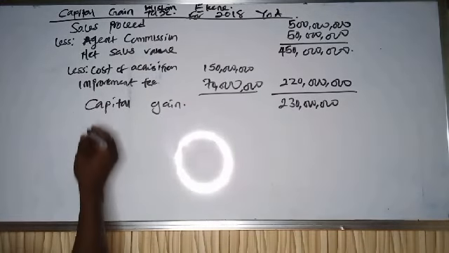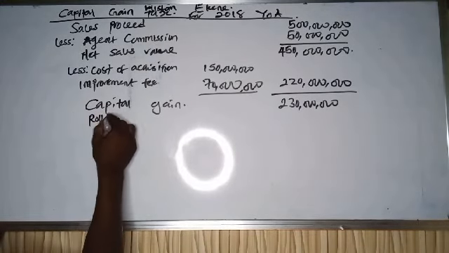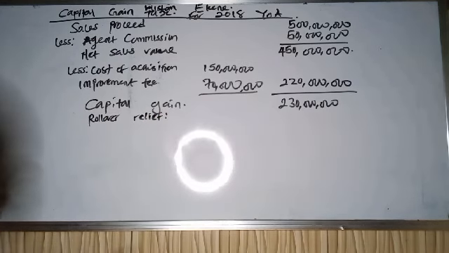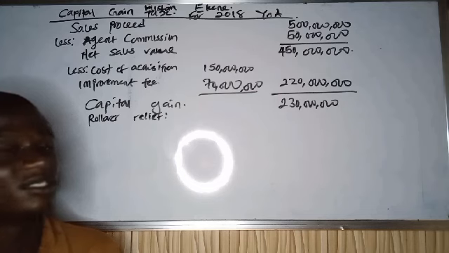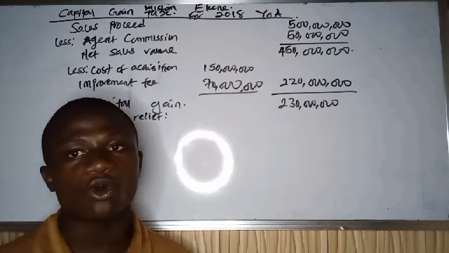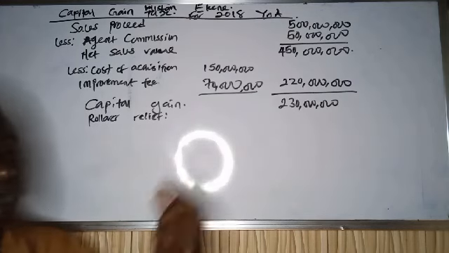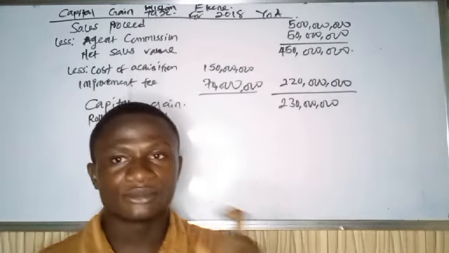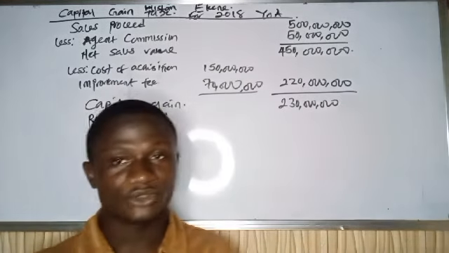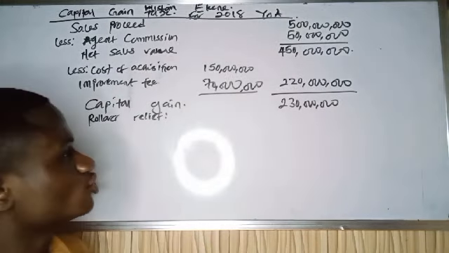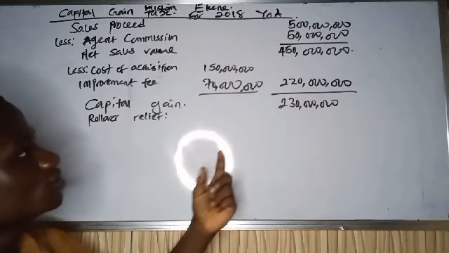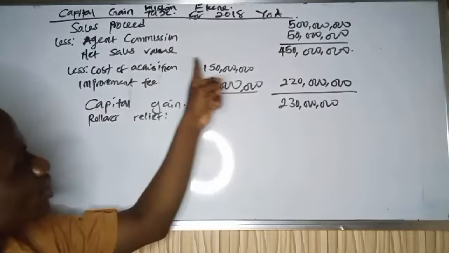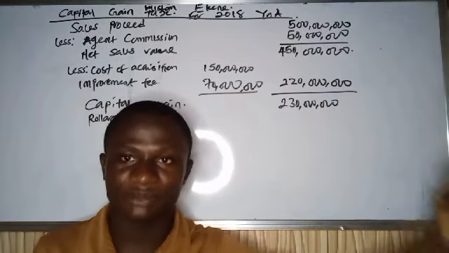So we have rollover relief, which will be the lower of the sales proceed or the amount reinvested. Now, in this situation, should we use the sales proceed, which is 500 million, or the net sales proceed, which is 450 million?